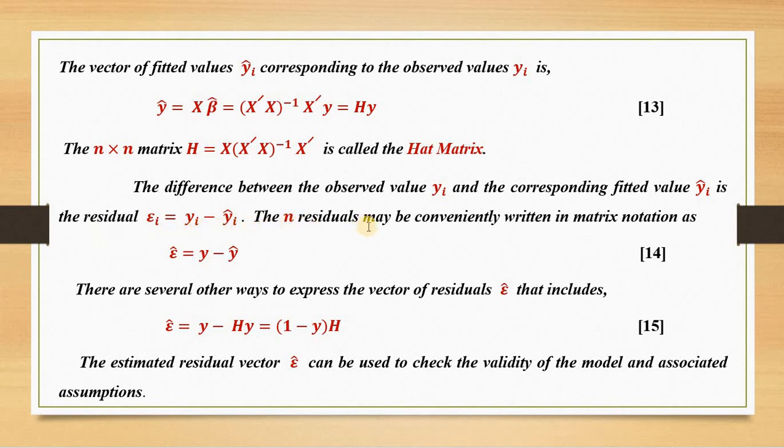So the n residuals may be conveniently written in matrix notation as epsilon cap equal to y minus y cap, which can be written with the help of the hat matrix as (I minus H) y. The estimated residual vector epsilon cap can be used to check the validity of the model and associated assumptions.